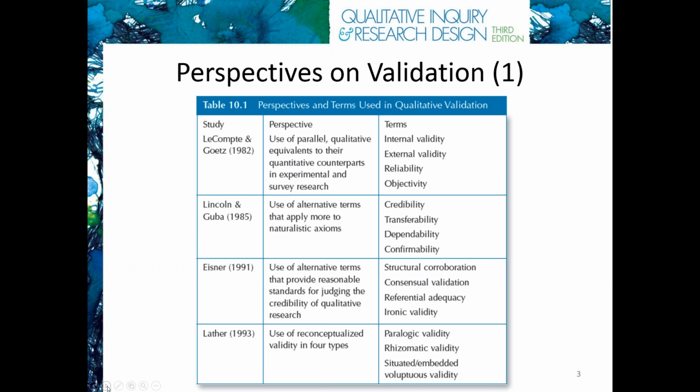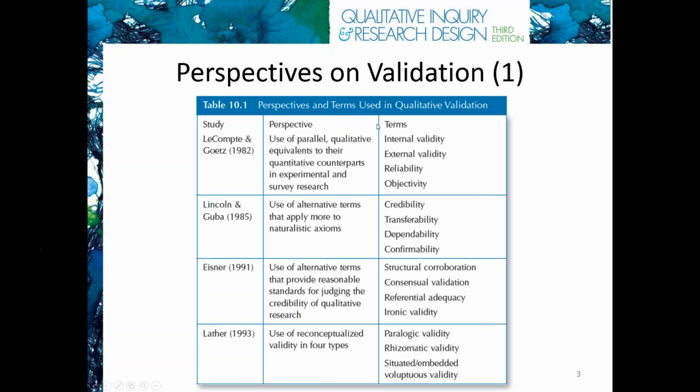So Creswell highlights 5 perspectives on establishing validation for qualitative research: internal validity, external validity, and dependability, credibility, things that were talked about in the Gay-Mills overview of validation and reliability.